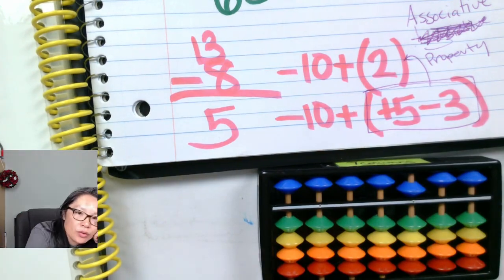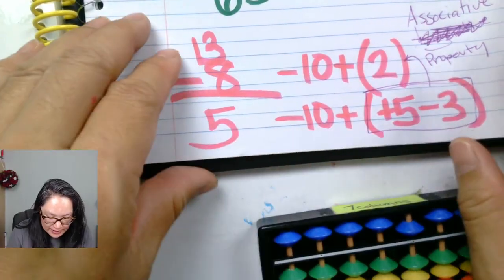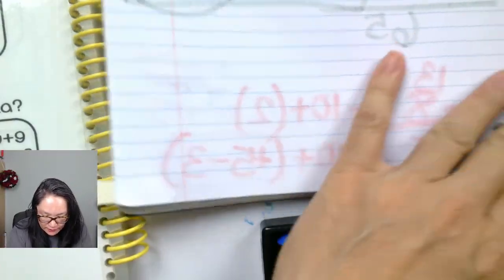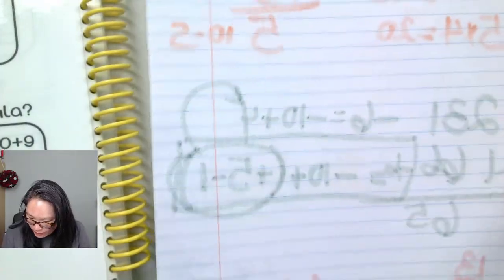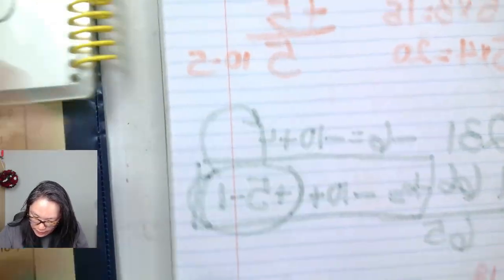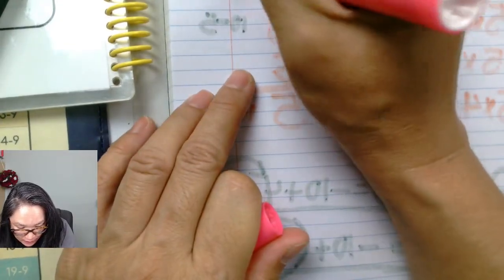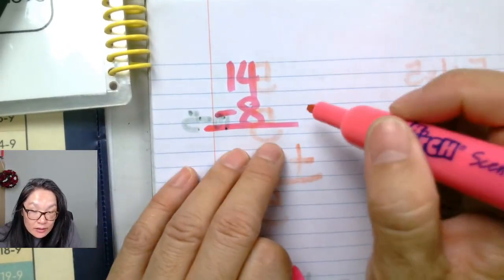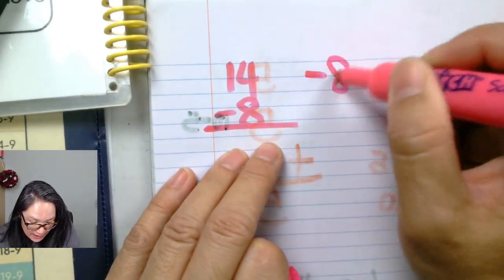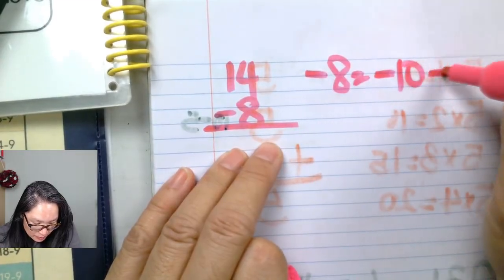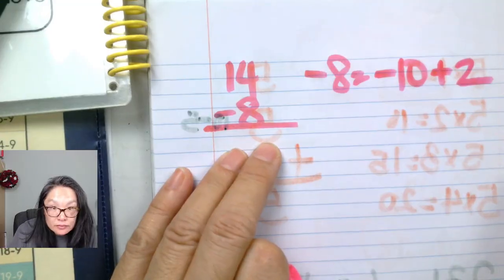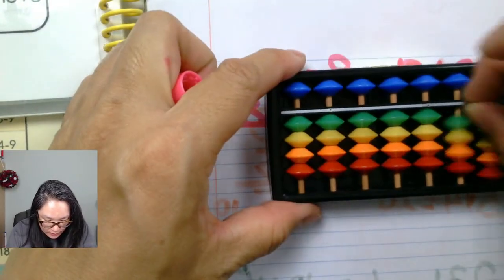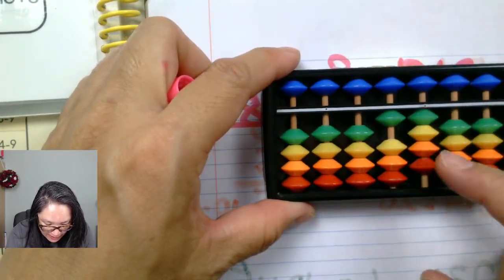Because what can we do? I mean, it would be the same thing if I did another one. We'll do 14 minus 8 again. 14 minus 8. Minus the 8 is equal to minus the 10 plus 2. So what does that look like? I have 14 minus 8.